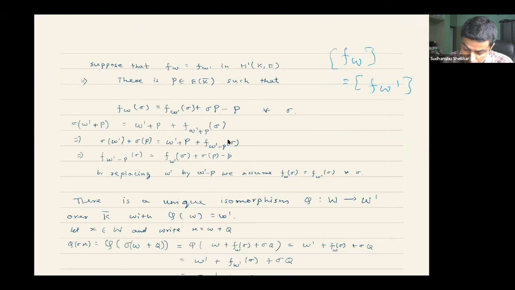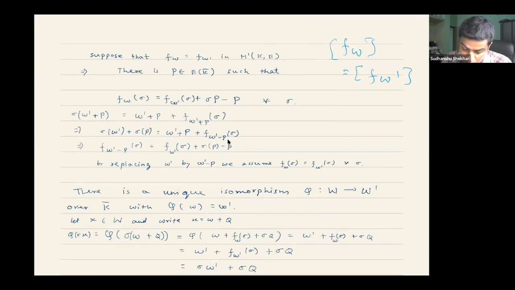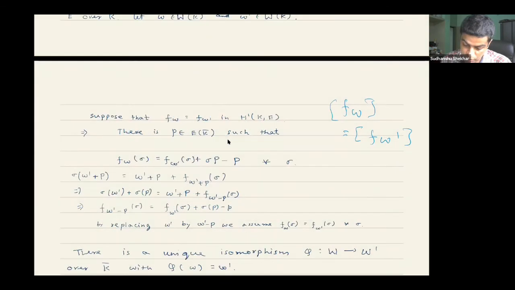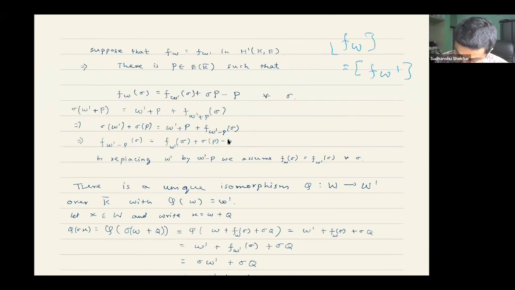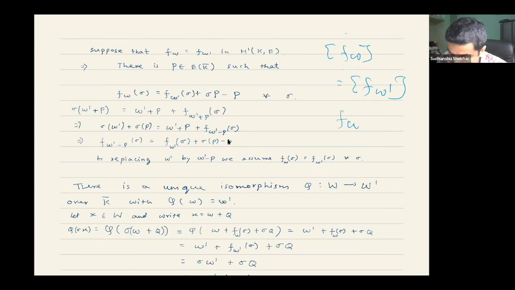For that case, a little bit of calculation gives us that these two things being the same implies that there is a point P in E(K̄) such that f_W(σ) = f_W'(σ) = σP − P. So first we reduce this case to the case where f_W will be equal to f_W', not just their classes.